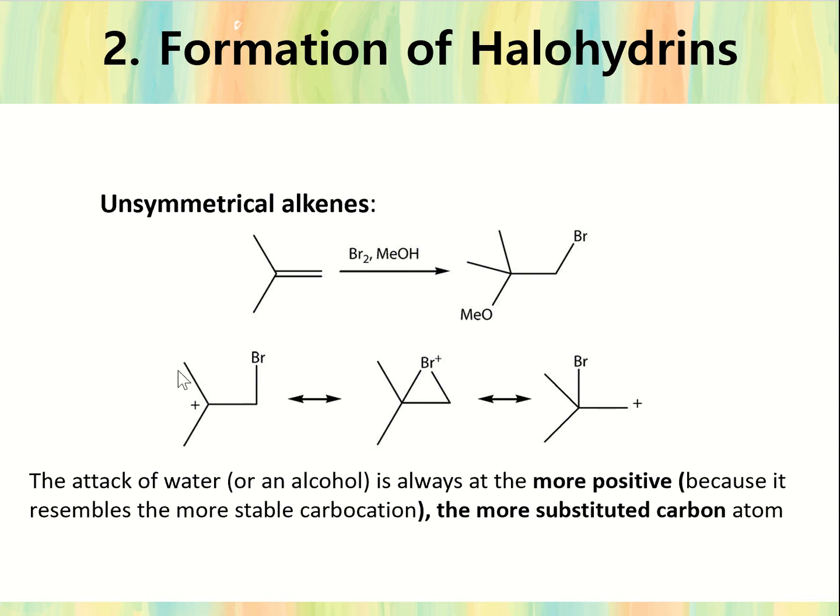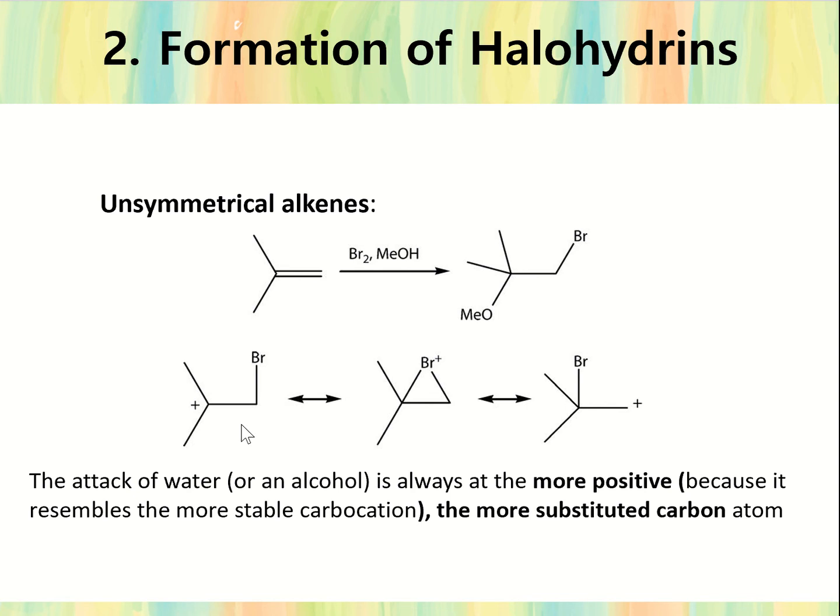If we have an unsymmetrical alkene and the possibility exists for the carbocation to be formed at either carbon, the more stable carbocation would be generated. And so the methanol or the alcohol will add to this carbon in preference to the other.